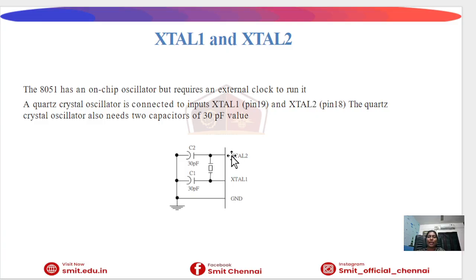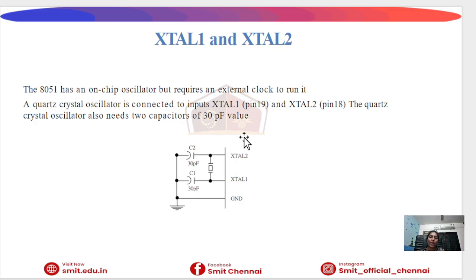Next are XTAL1 and XTAL2. Now let's talk about the clock, which is the heart of the microcontroller. The 8051 has an internal oscillator circuit, but it needs an external crystal to work. We connect a quartz crystal between XTAL1, that is pin 19, and XTAL2, pin 18.